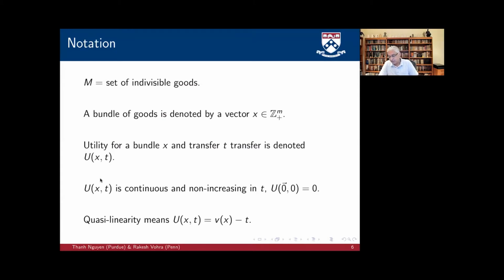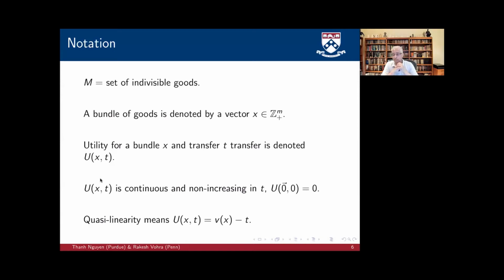In particular, for this talk, I'm going to begin by restricting attention to the case where each agent is interested in consuming at most one copy of each good. So I'm interested in consuming many goods, but only one copy of each good. If you think about course allocation, that is perfectly reasonable. I don't need 2 seats in a particular course. I only need 1. But I may be interested in a variety of courses.